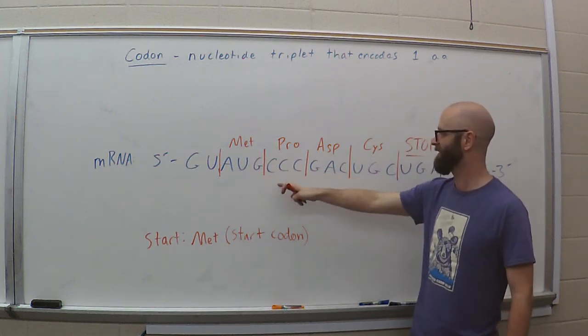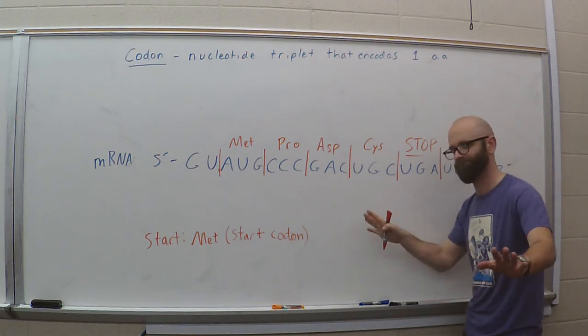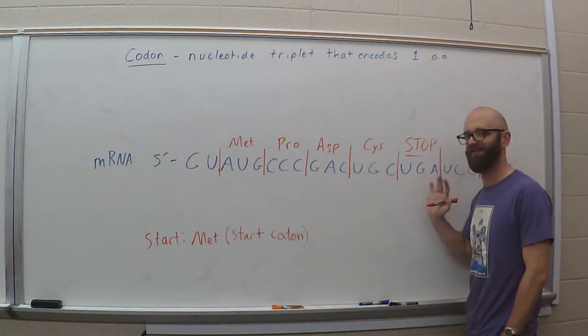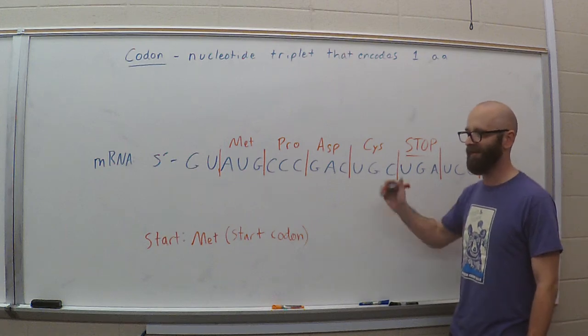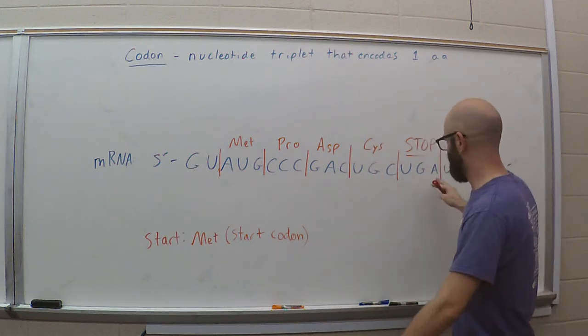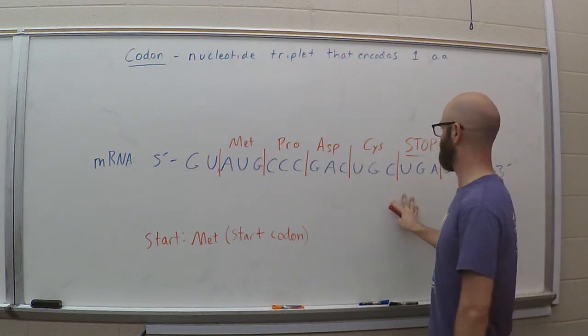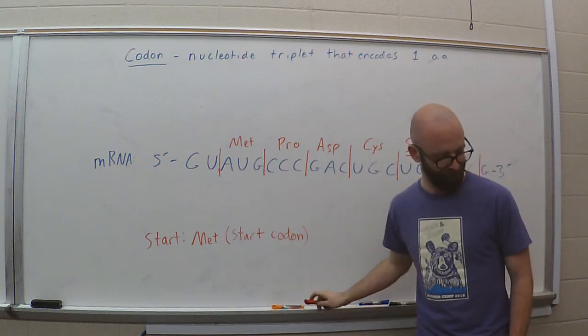It goes methionine, proline, aspartate, cysteine. That's the end of it. Stop is not an amino acid. Write that down. I'd write that down on that table. Big fat capital letters. Stop is not an amino acid. It's what the ribosome does when it reaches a stop codon.